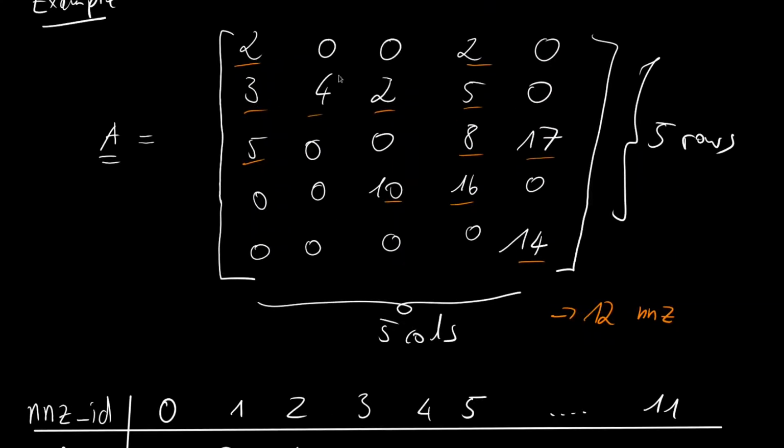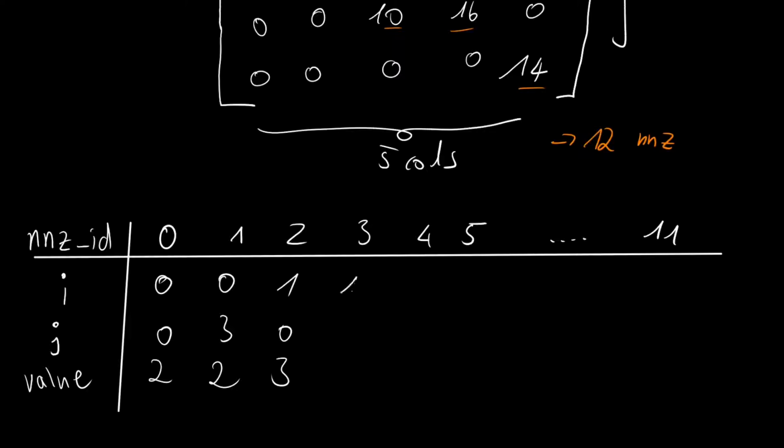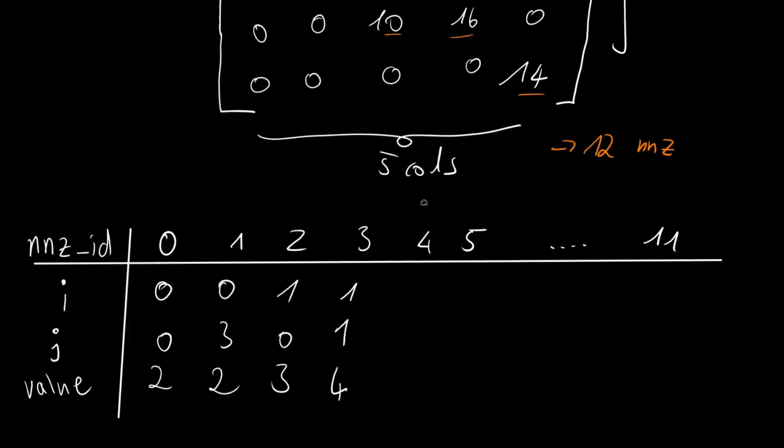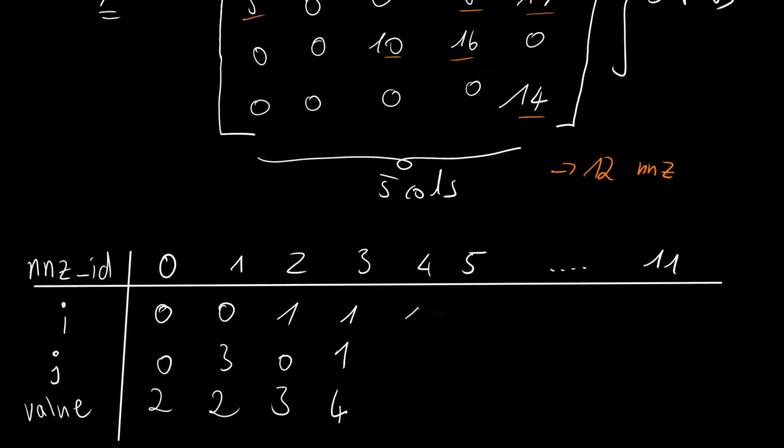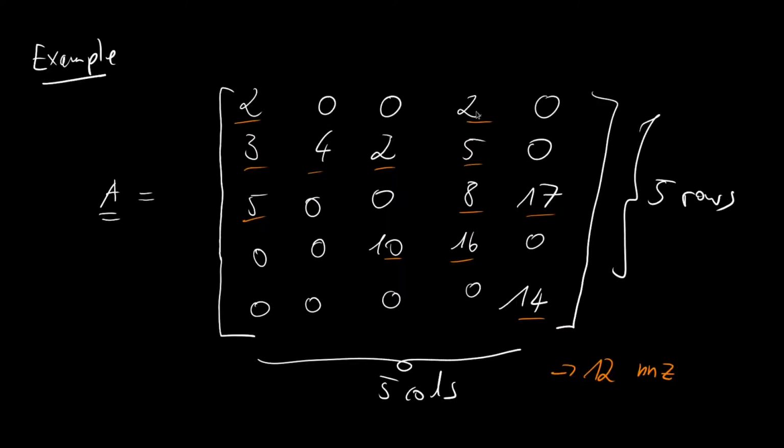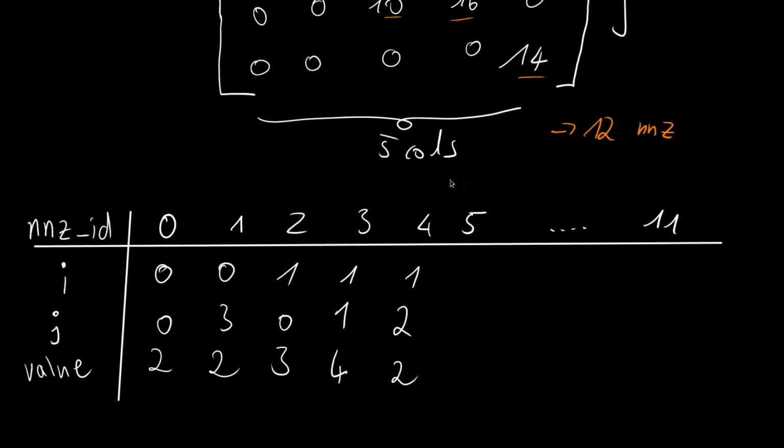Position 1 and 1, we have the value 4. Position 1 and 2, we have the value 2. And position 1 and 3, we have the value 5. And this, of course, goes on in this particular way. And that's how we save our matrix.